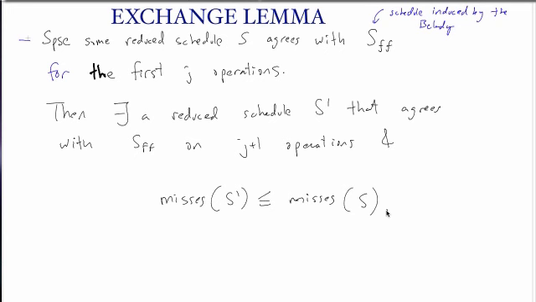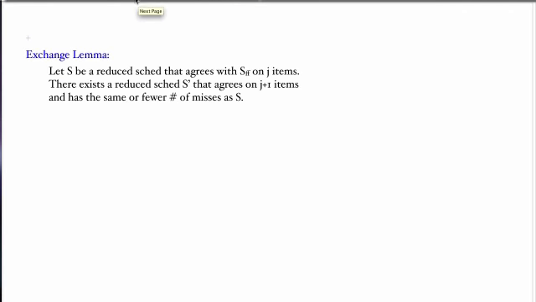Why would we care about a lemma like this? Because it allows us to make the following type of argument. Imagine this is the optimal schedule. Well, we know that it agrees with S_FF on at least the first 0 operations. And without loss of generality, we can also assume it's reduced.